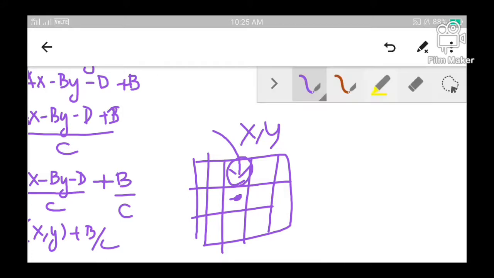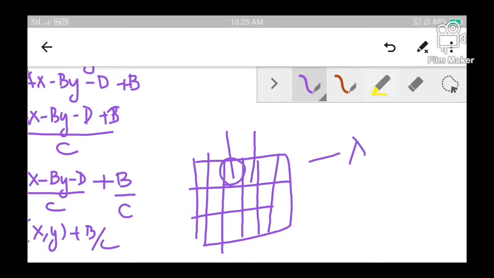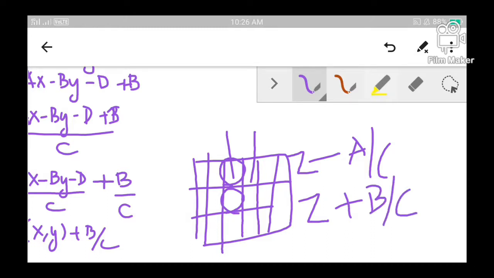If we know the depth of a current position, then the depth of the next position can be calculated as depth of current position minus a by c. Depth of current position minus a by c will give you the depth of the next adjacent position. Similarly, the depth of a position below the current position can be calculated as depth of the previous position, that is depth at position xy plus b by c. Using this equation you can compute the depth at the next position below the current row.